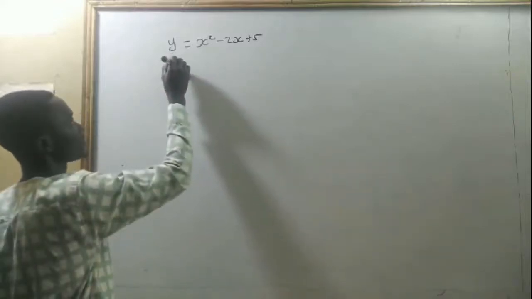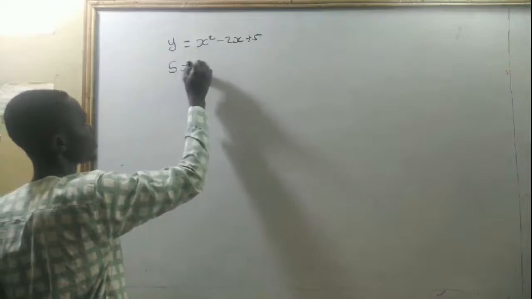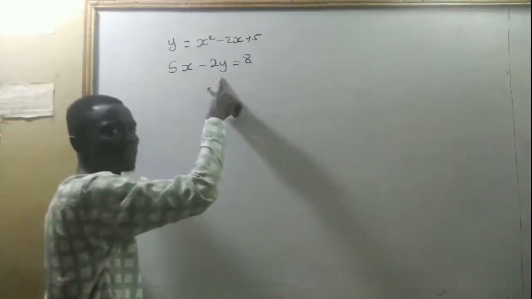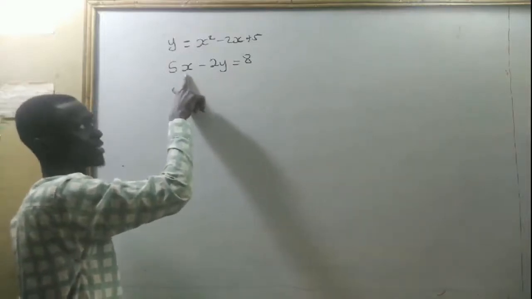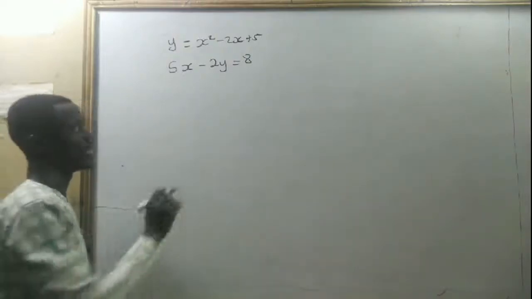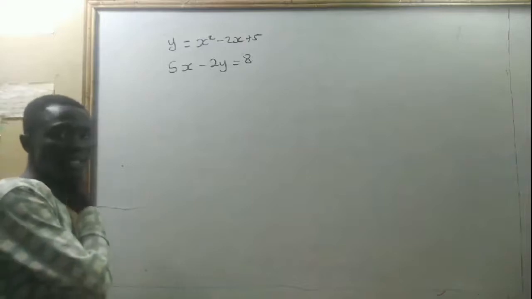But if I write, let's say, 5x minus 2y equal to 8, here I have to make y the subject first before I can substitute a value for x and then find y. So here we say y is being implicitly defined if we concentrate on y. So today we'll be doing implicit differentiation.